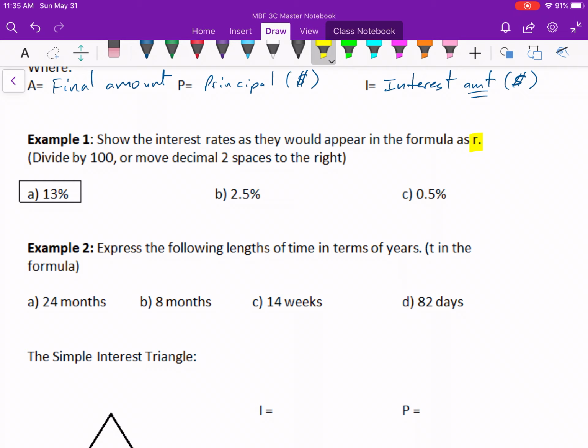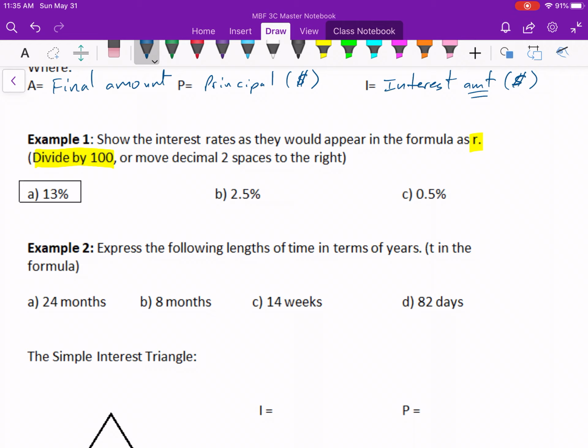So this is simply changing percents to decimals. And I'm not sure why there's a box around 13%. I think that's just a mistake. But as you know, hopefully, to change from a percent to a decimal, we just divide by 100. Or a shortcut way is to move the decimal place 2 spaces to the left. Remember, if there's no decimal shown, then we just assume there's a decimal at the end of the number.